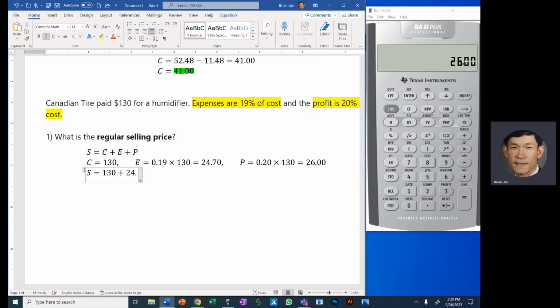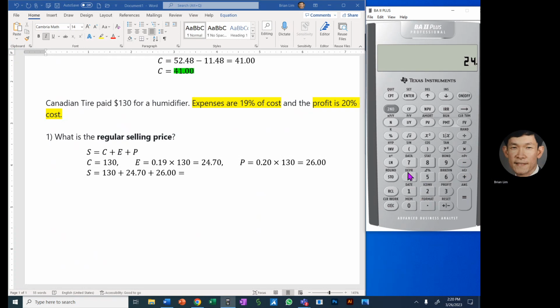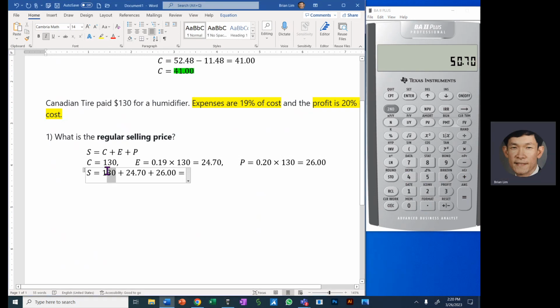plus 24.70 plus 26.00. And that's equal to, well, we have the 26 there, so we would add 24.70 and then add 130, the last number there, or the first in order there, you can say.